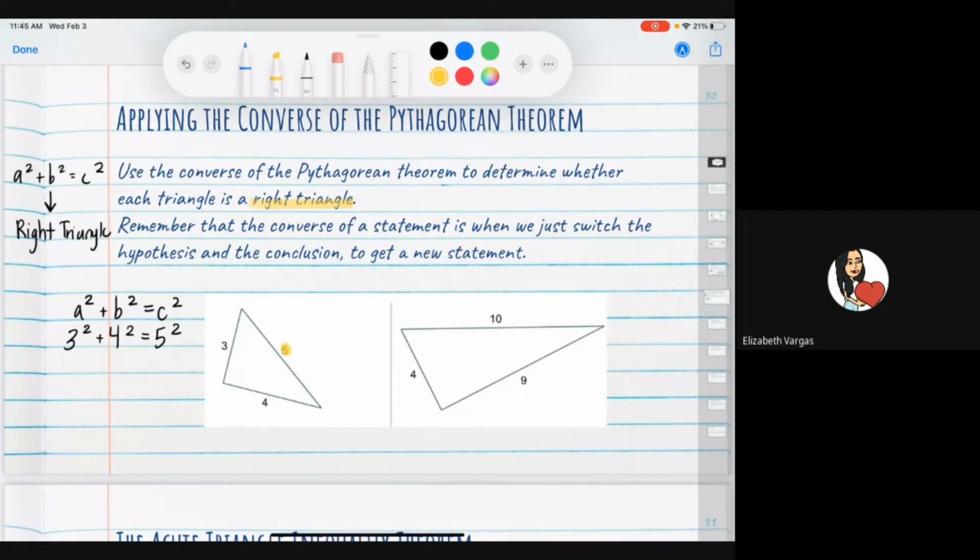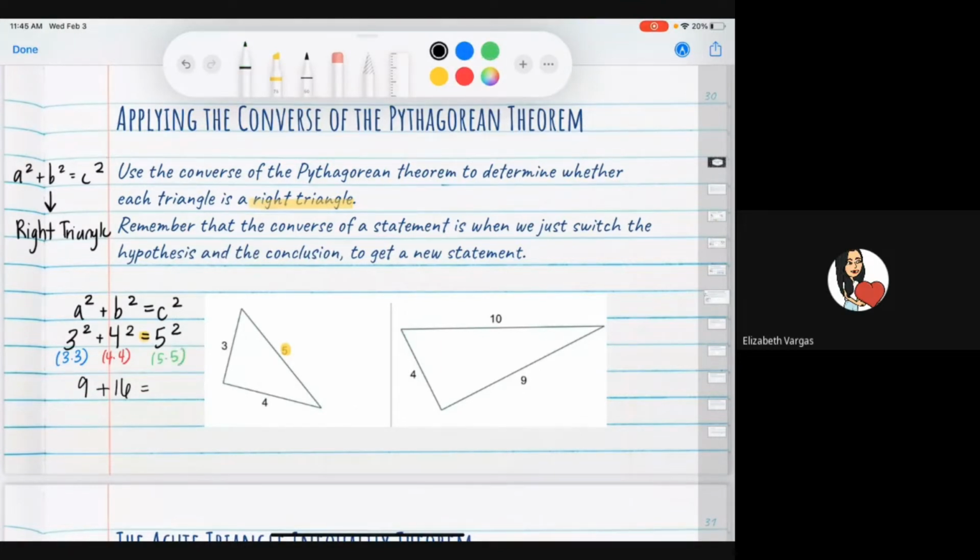So now I want to go ahead and see if this is true. Does the sum of these two sides equal the square of that side? Well, again, this is 3 times 3, which is equal to 9. This is 4 times 4, which is equivalent to 16.